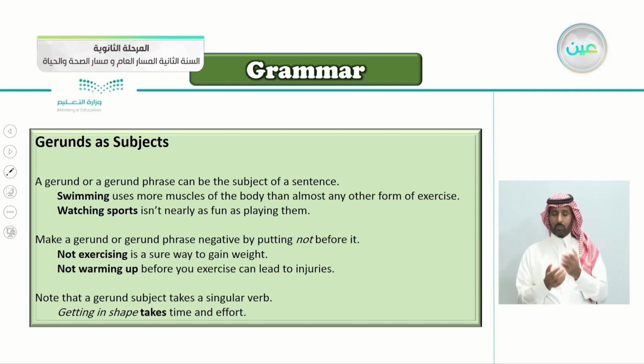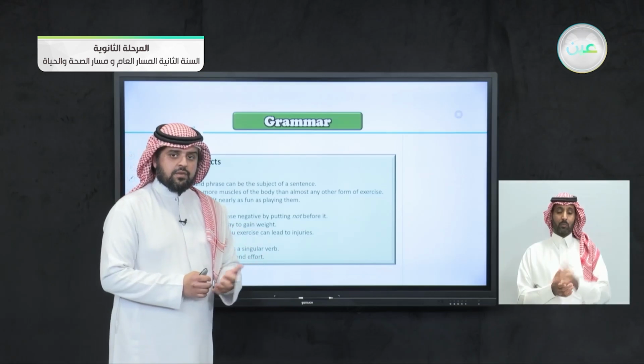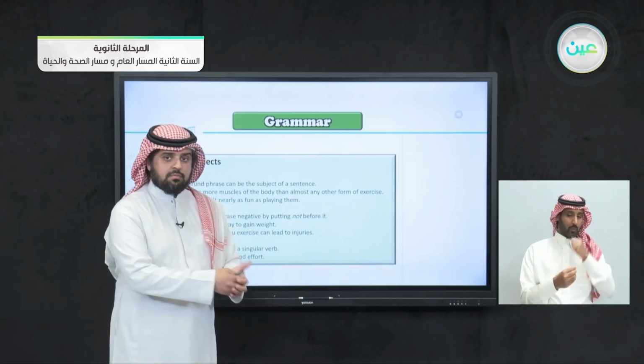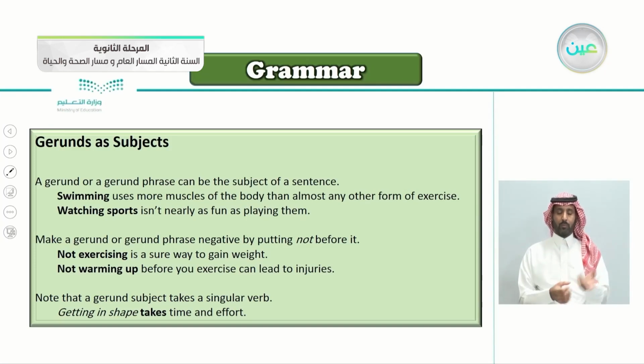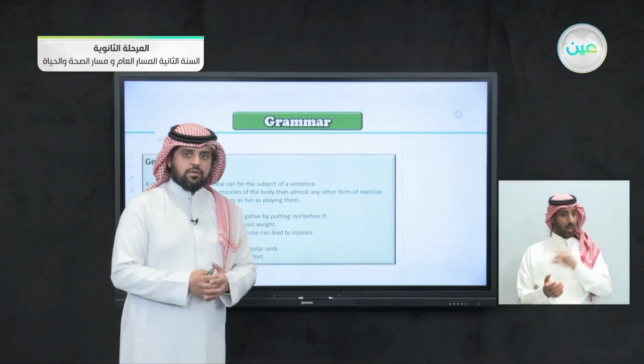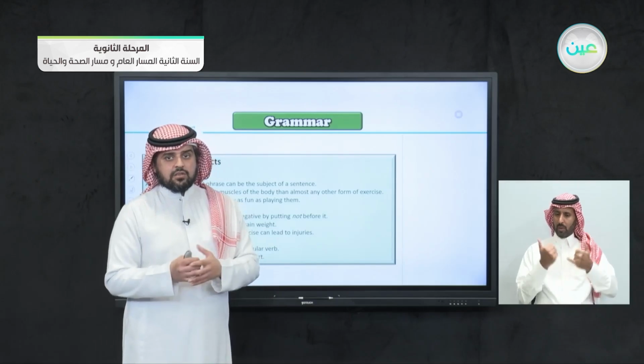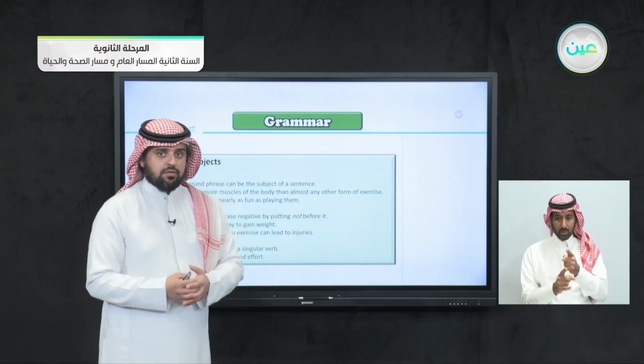So if you want to make the gerund negative, just add the word not before the gerund or the gerund phrase. Not studying before the exams can lead to maybe failure of these exams.